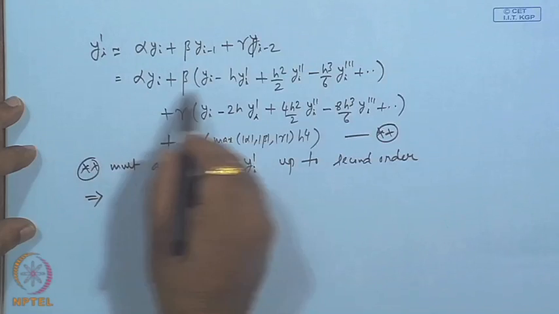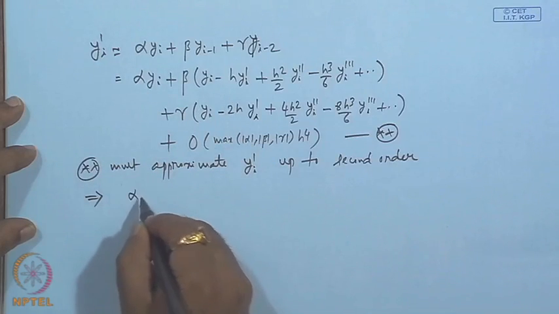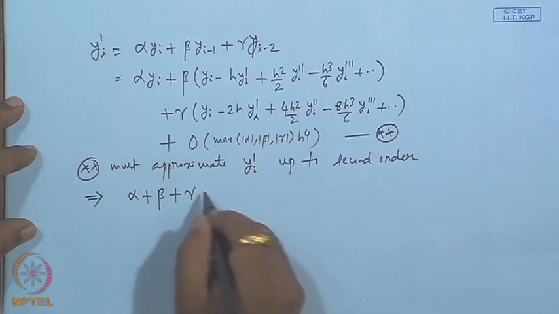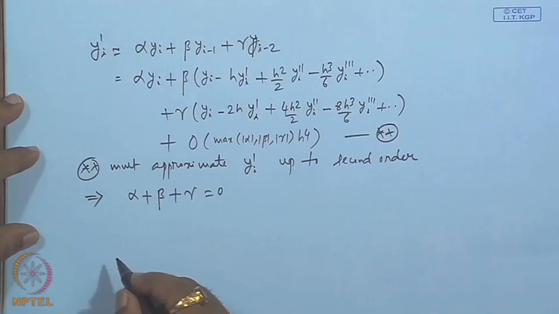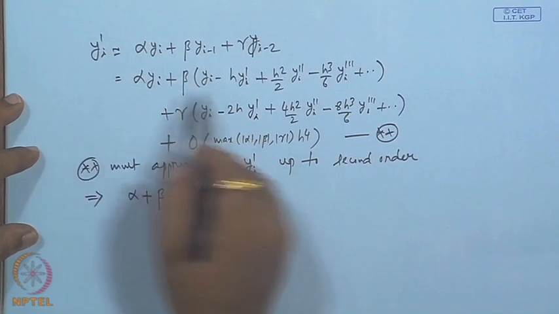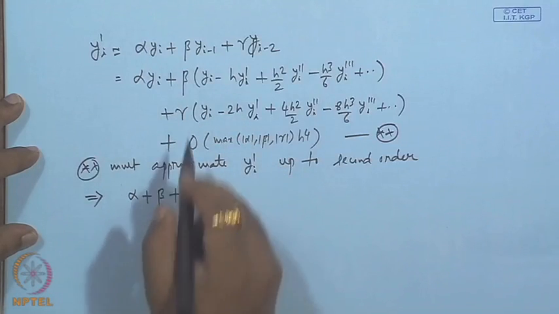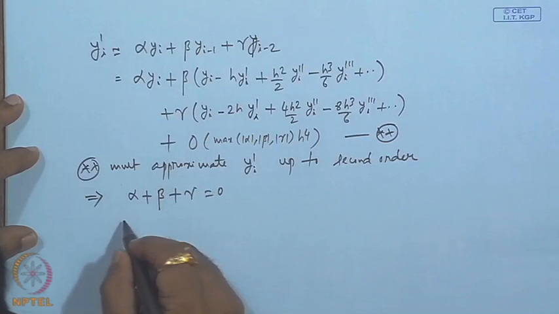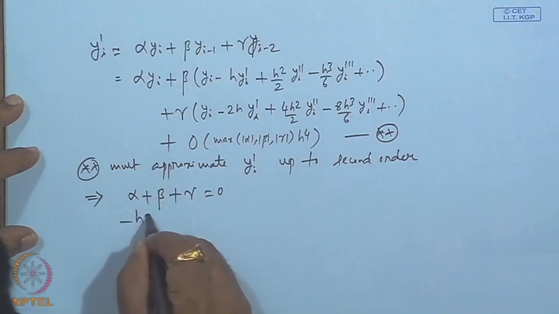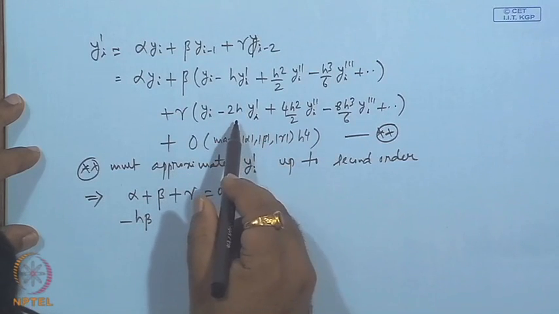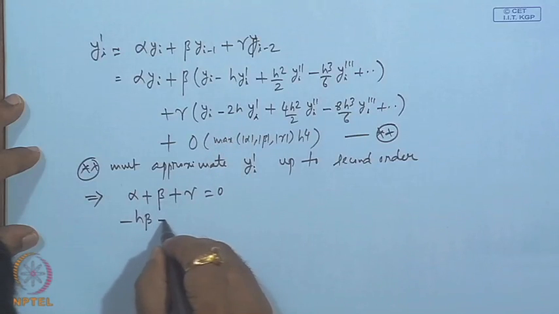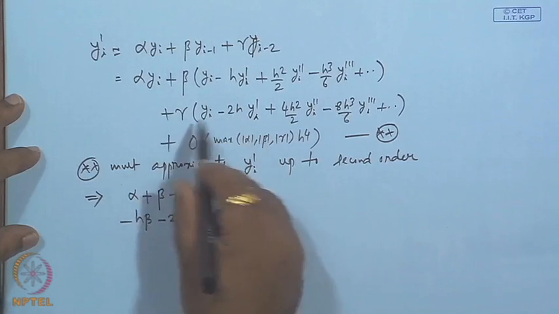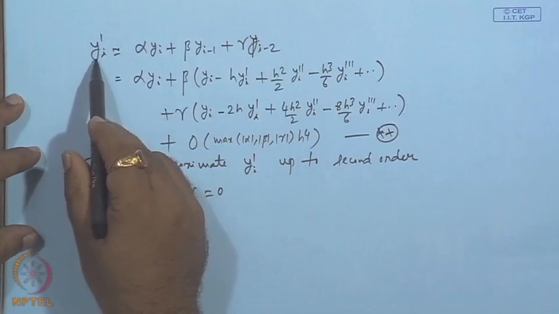So, y I alpha plus beta plus gamma is 0 and y I prime right hand side minus beta h, then here minus 2 h gamma and right hand side 1.